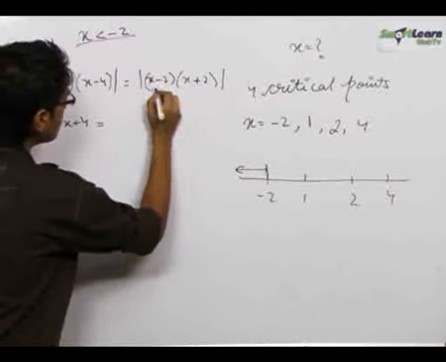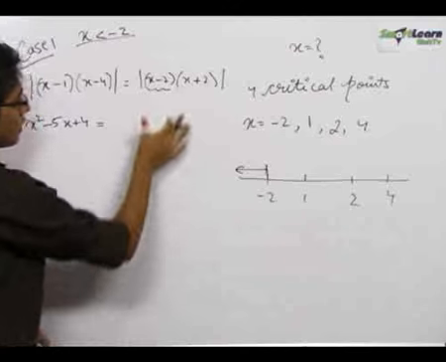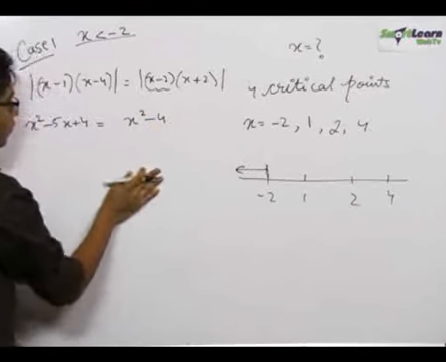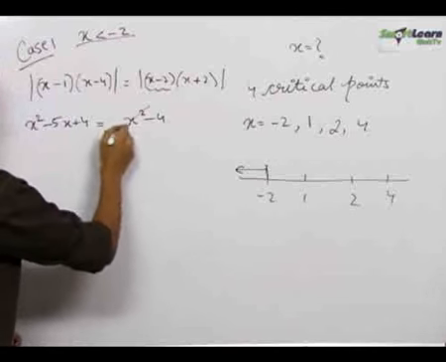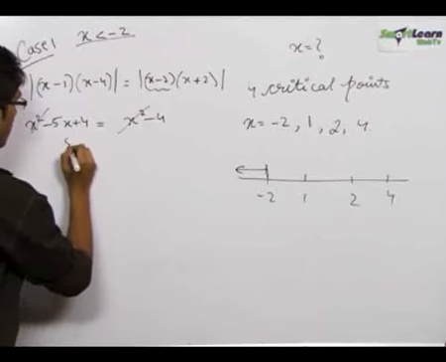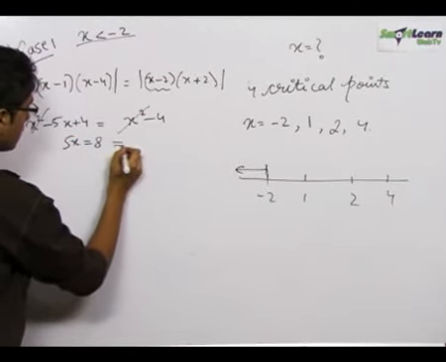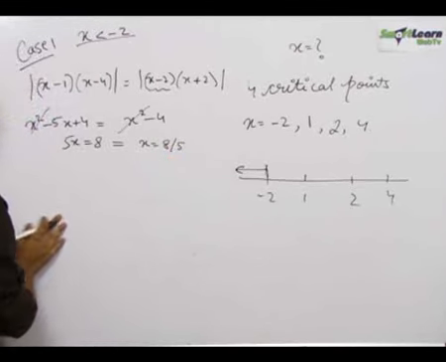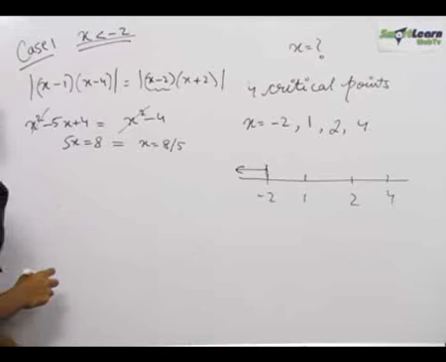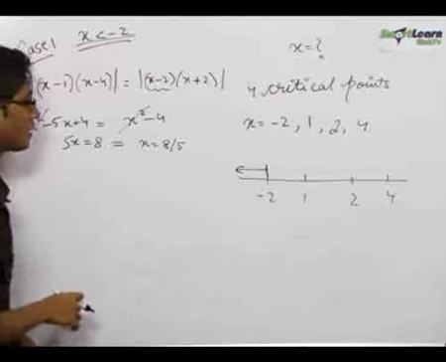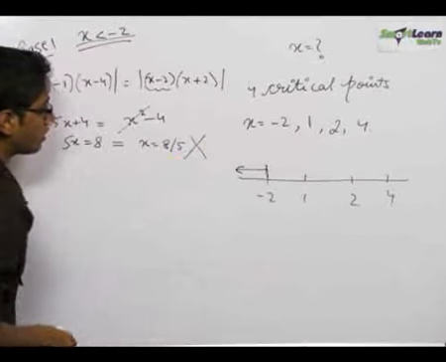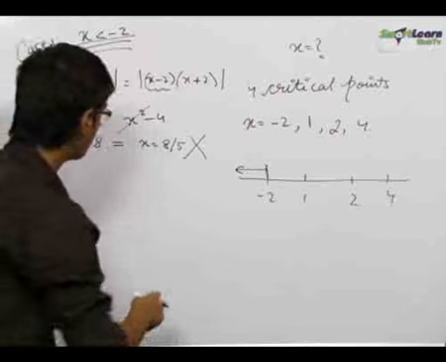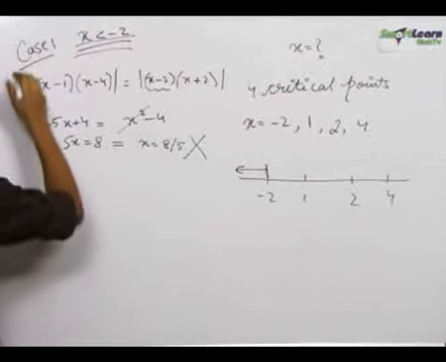This will be negative, this will be negative, negative into negative will again open as positive, so this will become x square minus 4. This becomes 5x equals 8, x equals 8 by 5. But checking with the given interval, we need x to be less than minus 2. So this solution will be rejected as it does not appear in the given interval, x belonging to minus infinity to minus 2. So this case is rejected.